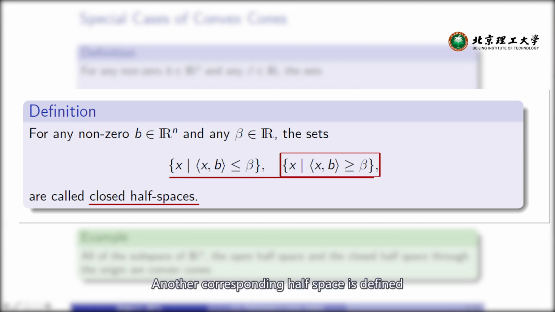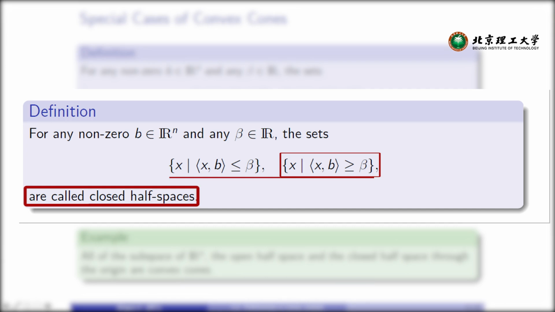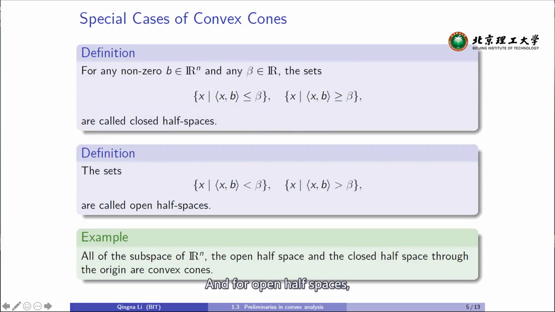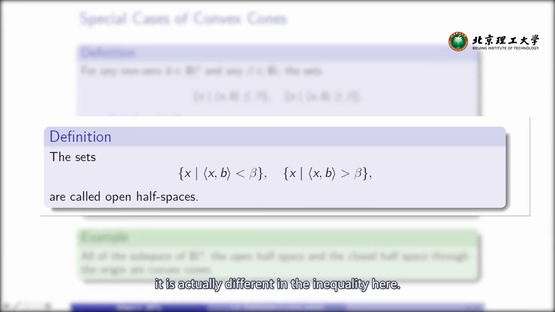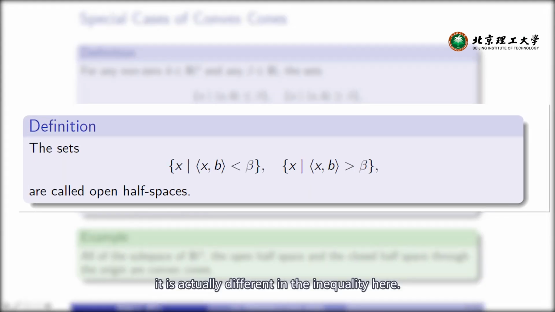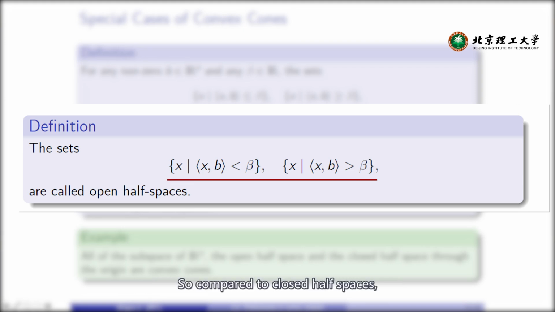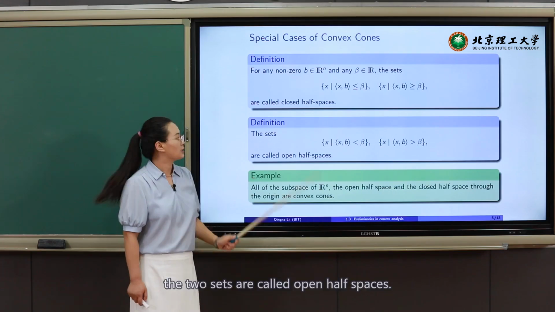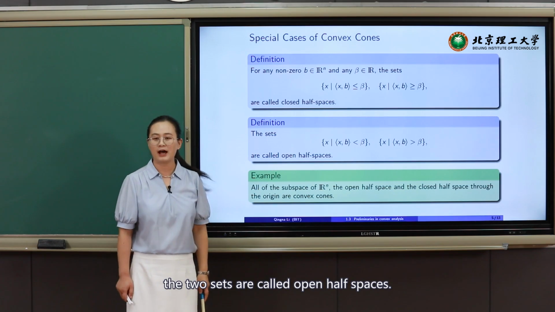Another corresponding half space is defined as greater than or equal to. So both of these 2 sets are called closed half spaces. And for open half spaces, the inequality is different. Compared to closed half spaces, the inequalities are chosen as strictly satisfied. In this case, the 2 sets are called open half spaces.